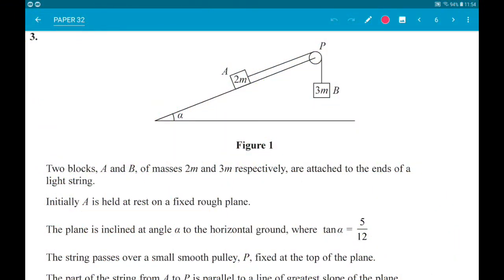The two blocks A and B of mass 2m and 3m respectively are attached to the ends of a light string. Initially, A is held at rest on a fixed inclined plane. The plane is at an angle alpha to the horizontal, where tan alpha is 5/12.